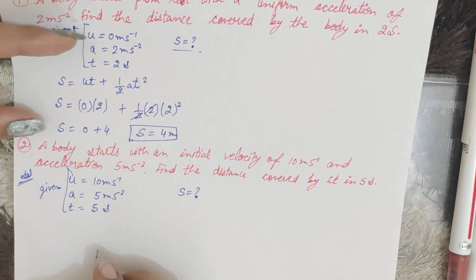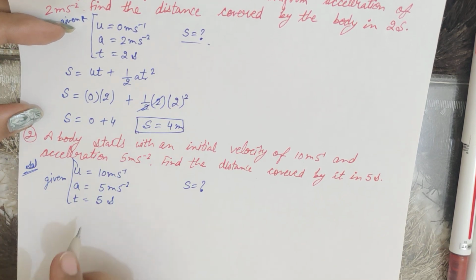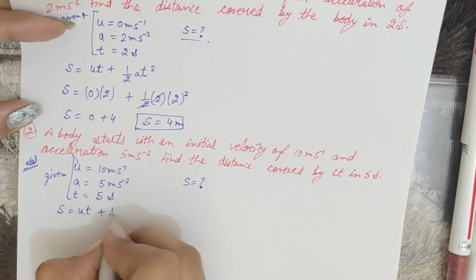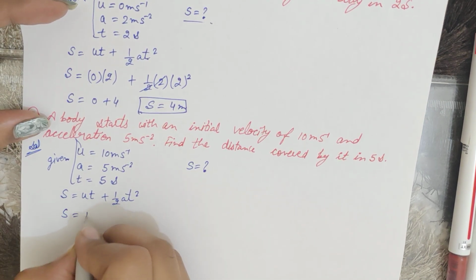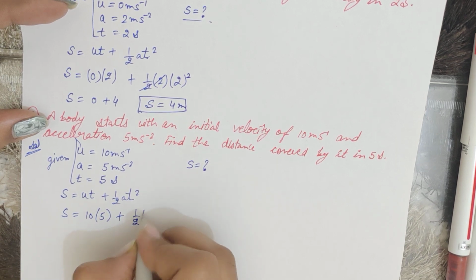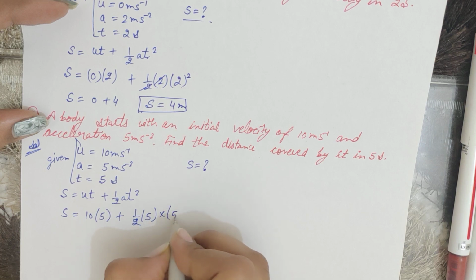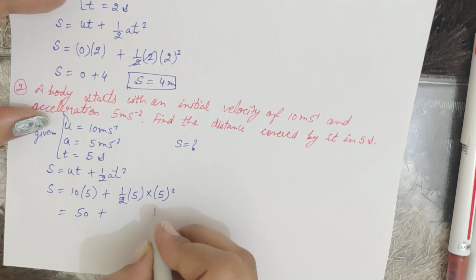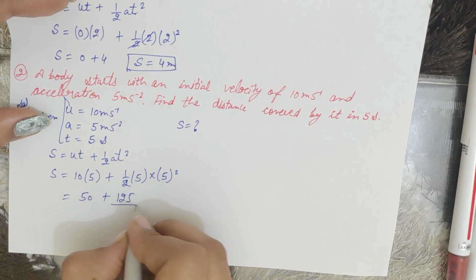So these are the things which are given already. This question is matching with the first part. Yes. So we can simply use the same equation in the second also. S is equals to u into t plus half into a into t square, which is 50 plus 5 5s are 25, 25 5s are 125 divided by 2.